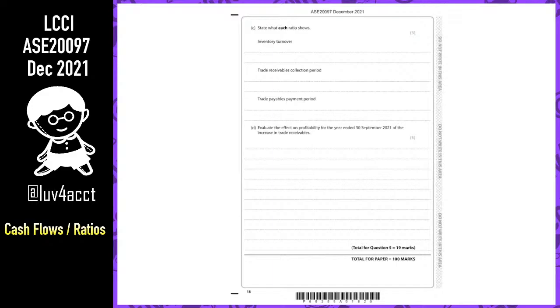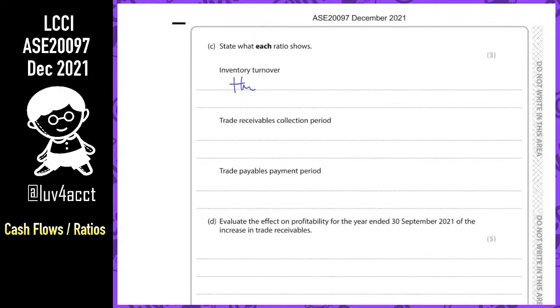It shows the number of times a business replaces, that means purchases and sells, inventory or goods in a year.